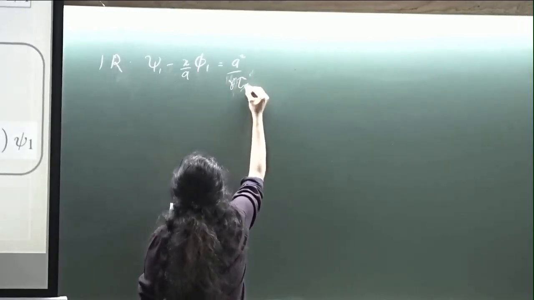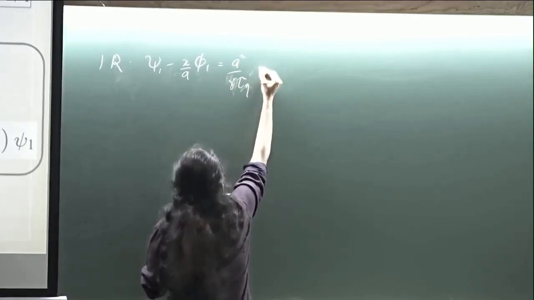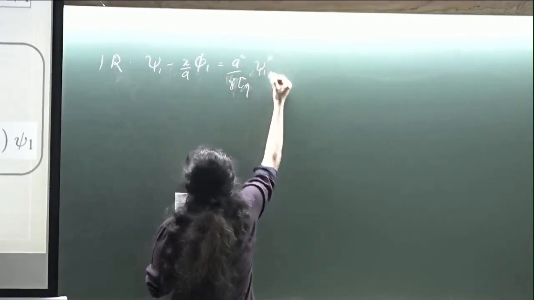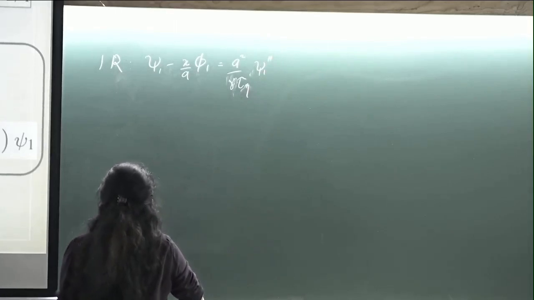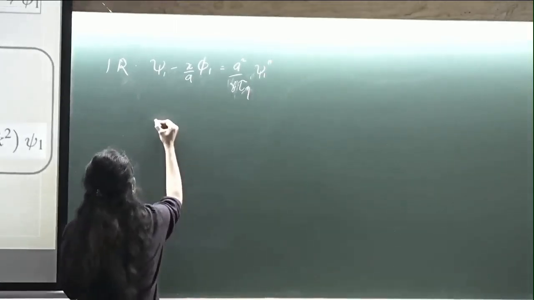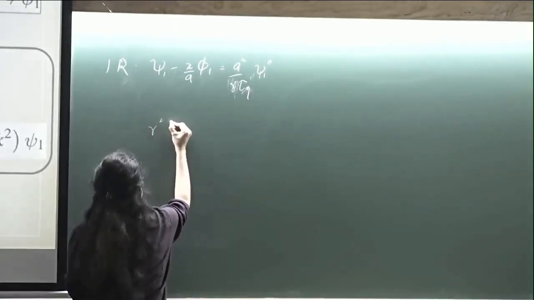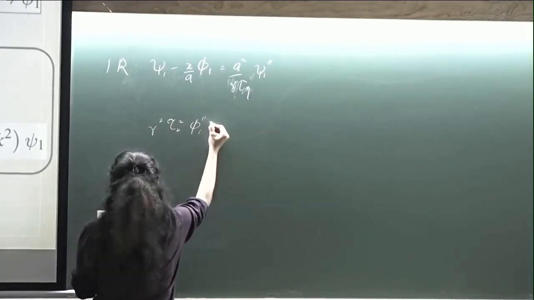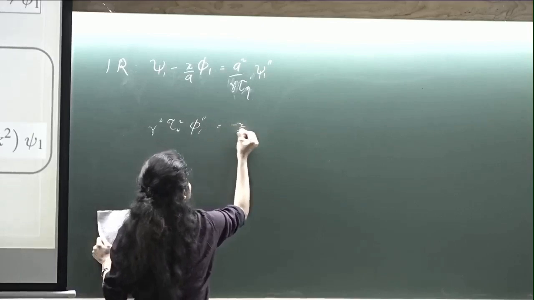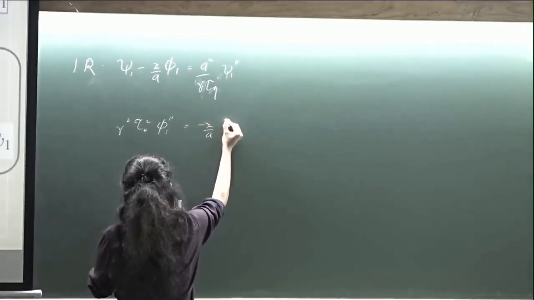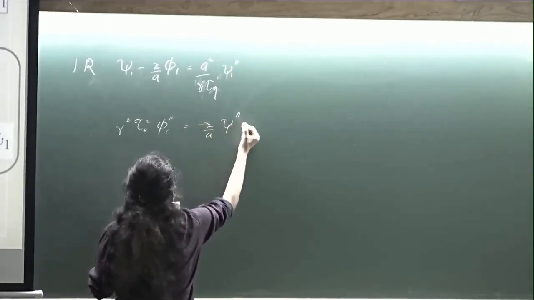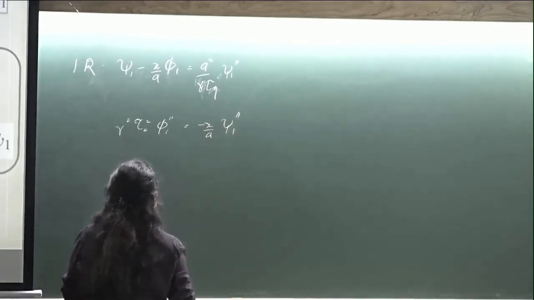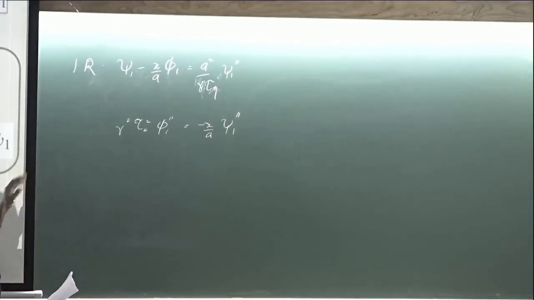So this is gamma tau eta psi1 double prime. This is my first equation, and the second one is gamma square tau h square psi1 double dash equals minus x by a psi double dash. Right, so these are my two equations.